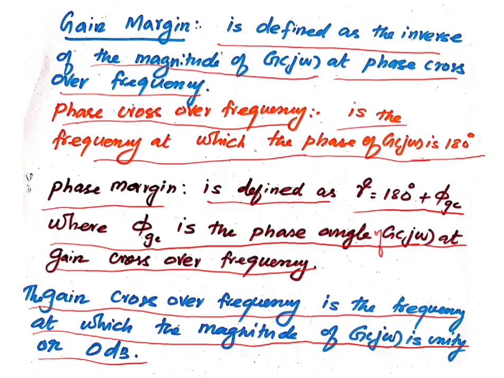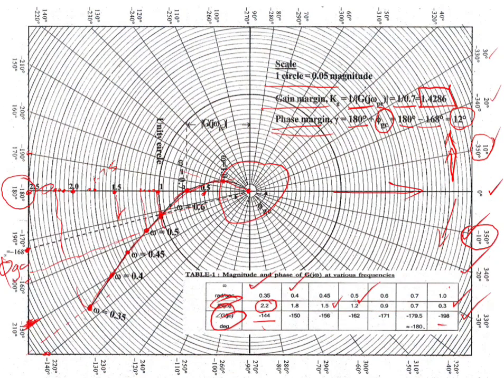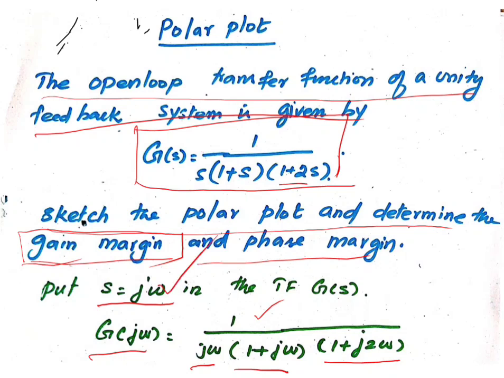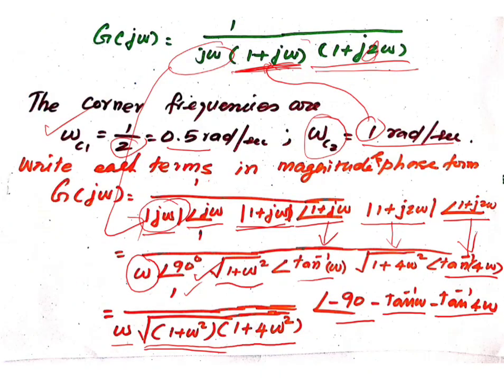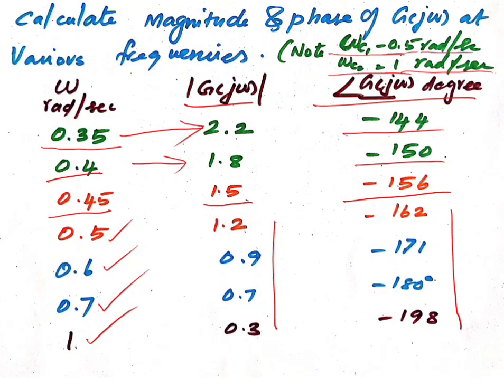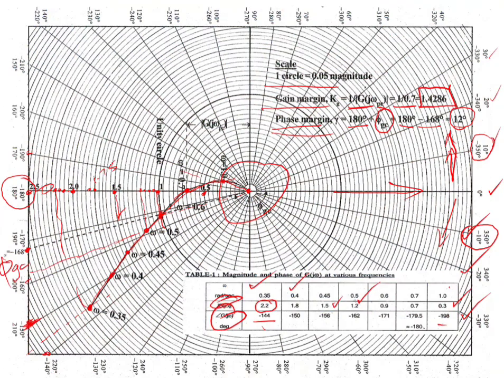Or 0 dB. We started the problem with the open loop transfer function, substituted s equal to j omega, and separated the magnitude and phase angle of each and every term. We determined the phase angle and magnitude for a different set of frequencies, and then marked all these points on the polar graph.